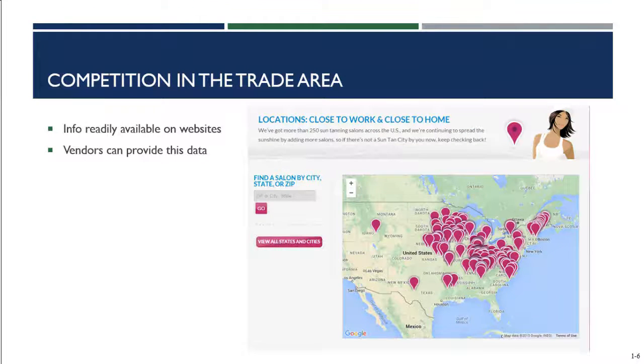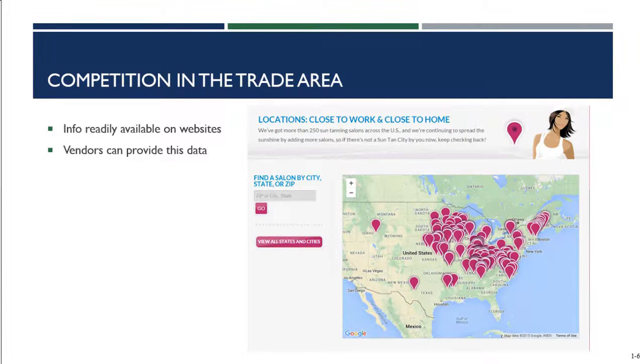The last thing that we look at is competition in the trade area. We've already identified competitors in many other parts of our research, but when we're looking at the trade area, we're now expanding our competitive research outside of just our city or our area to our trade area, which we know for some retailers, especially specialty retailers or destination retailers, could be quite large.